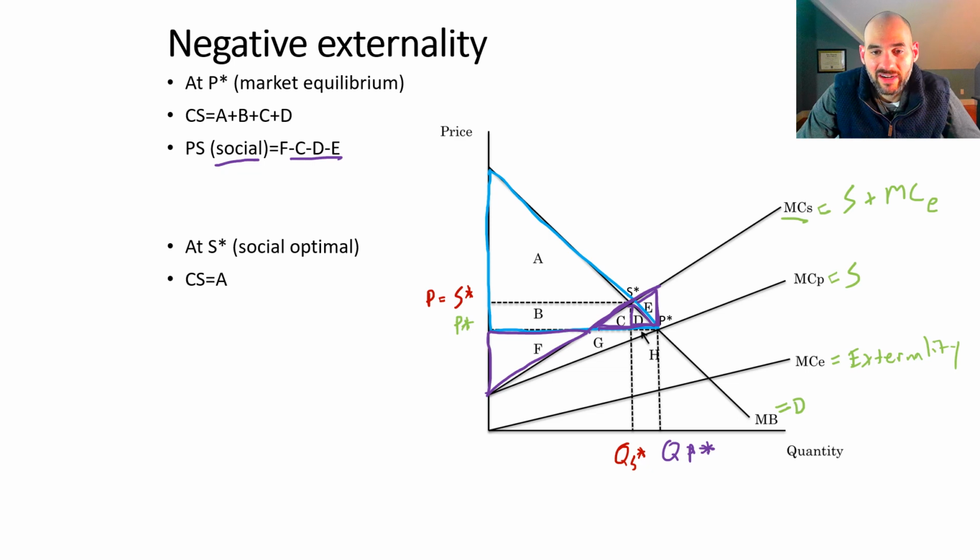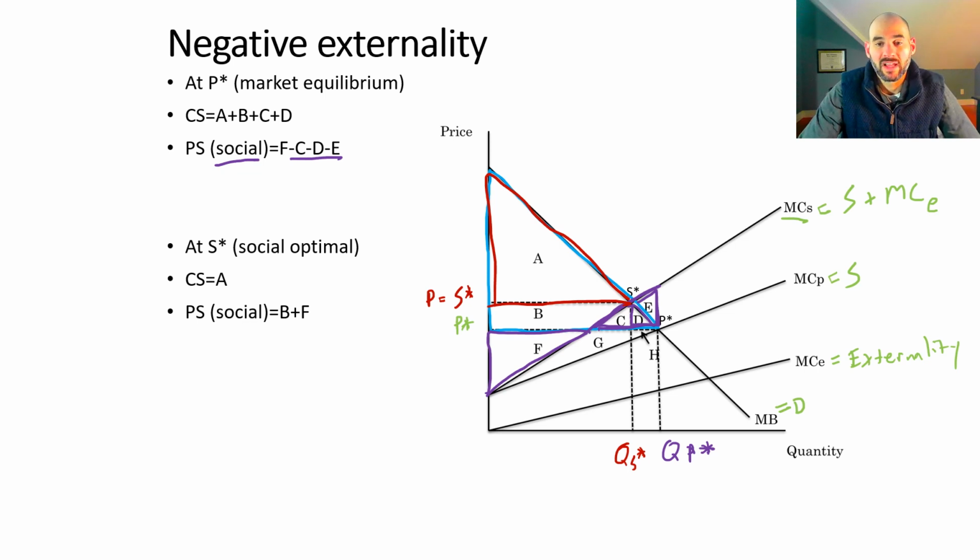And we're looking at the area above the price and under the demand curve, the difference between what they pay and what they're willing to pay. So we're stopping it at QS star because that's going to be how many units are produced. That's where the demand curve intersects the relevant cost curve. So we're reducing our consumer surplus, so it's not immediately looking like our total welfare is going to be improved.